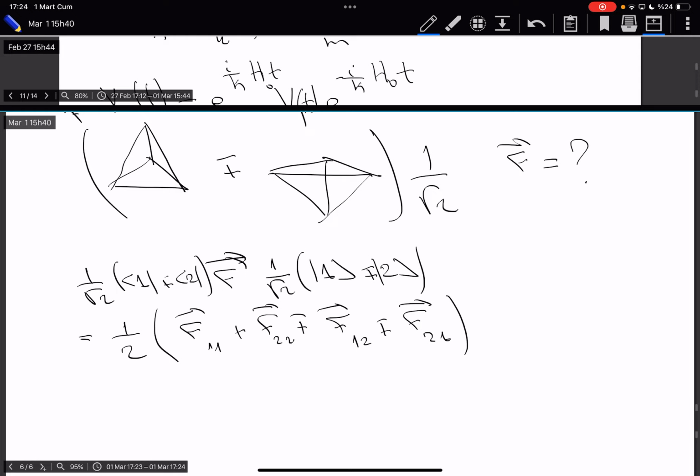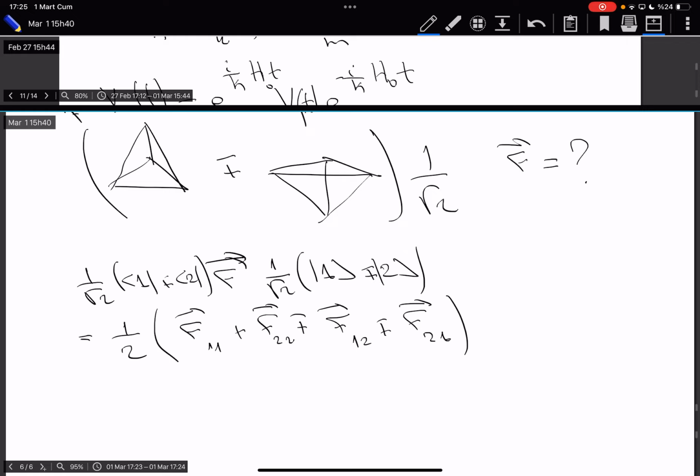So I see that at least if f12 and f21 are non-zero, the force will be different for the two states. One comes with a plus sign for those two terms, one comes with a minus sign for those two terms.